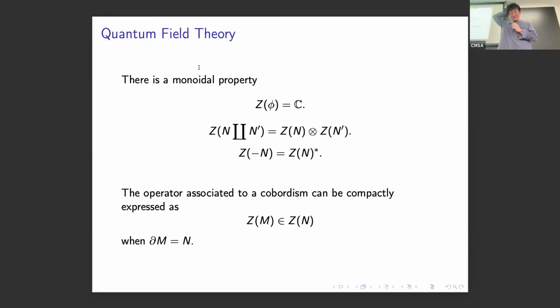Together with this, you have the operator associated to a cobordism, and the vector space associated. This is a nice transformation property.